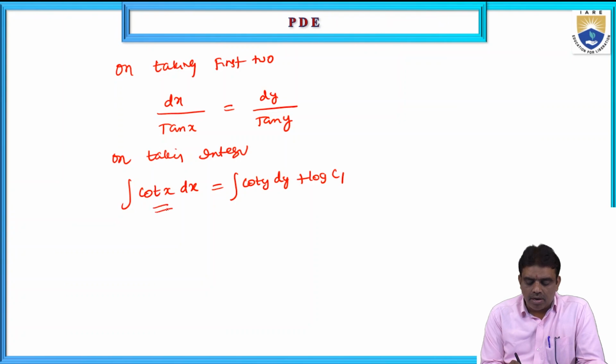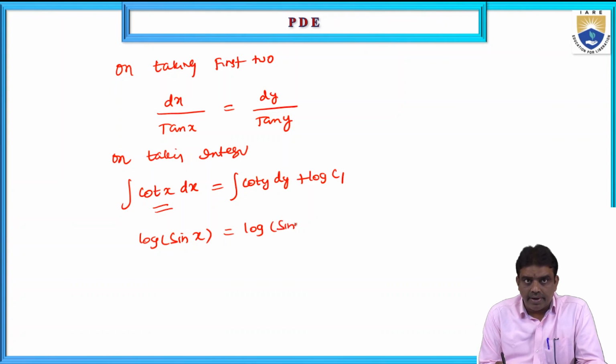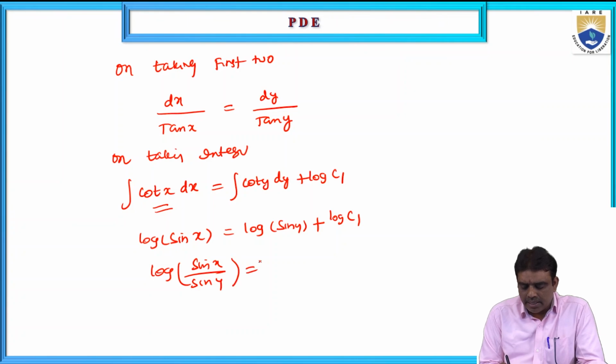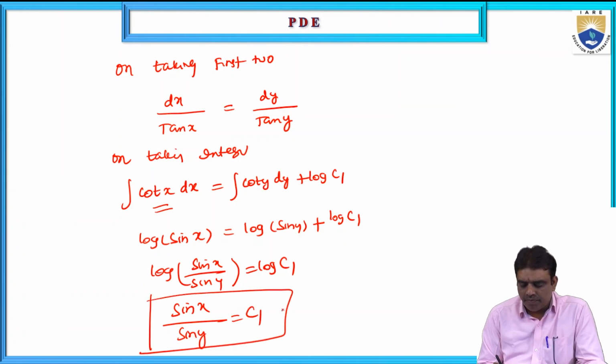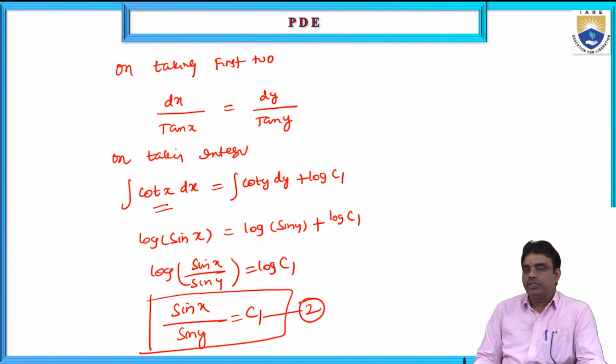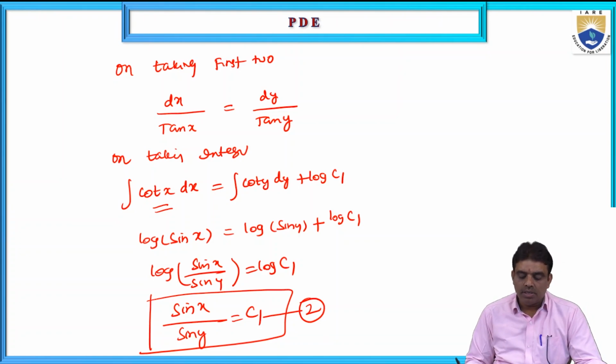The integral of cot x is log sin x, and of cot y is log sin y, plus log c1. So I can write log (sin x by sin y) is equal to log c1, or the solution is sin x by sin y is equal to c1. That is the first independent solution.